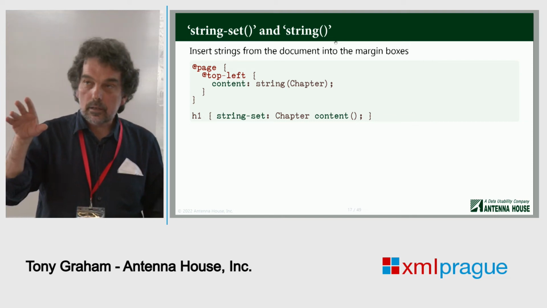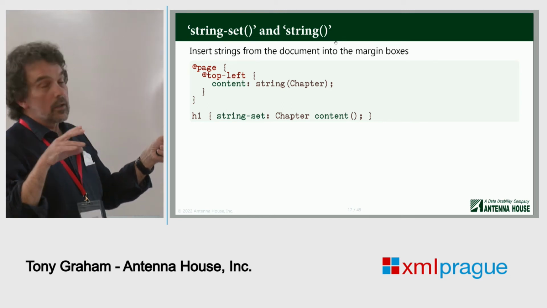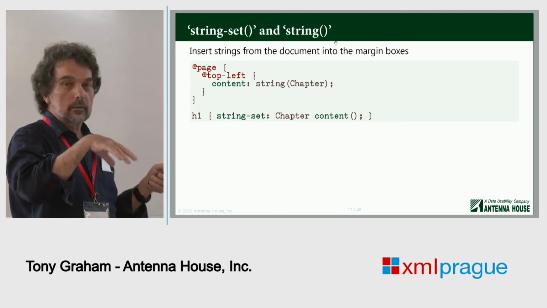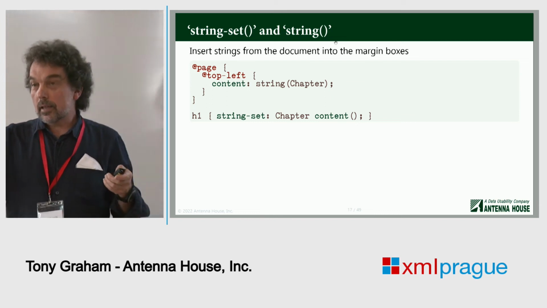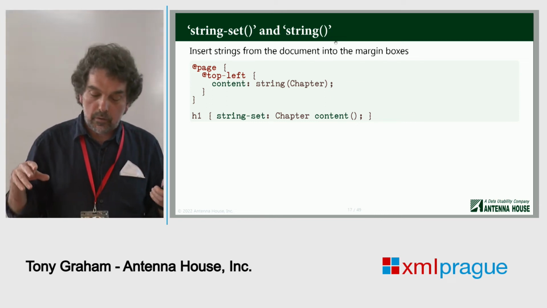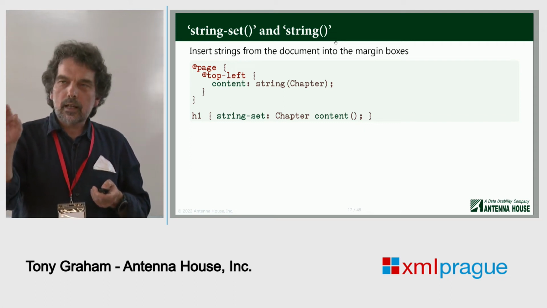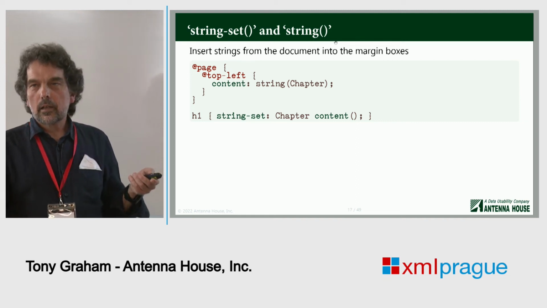So in this case, on H1, we use string-set chapter, and we're using the content of the H1 element, in XSLT terms, the string value, which, you might notice, isn't going to help you if, for example, your H1 includes some italic text.